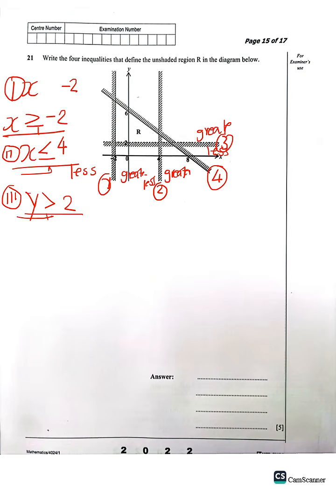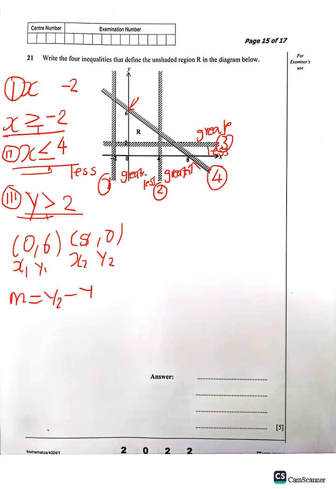So we need to find the coordinates at this point and also here. At that point is 0,6. So this will be our x1, y1. Then this one is 8,0, x2, y2. For us to find the equation of the straight line, first we need to begin by finding the gradient. So the gradient is y2 minus y1 over x2 minus x1.